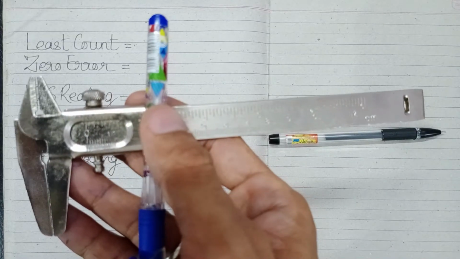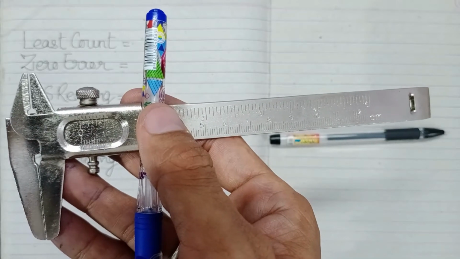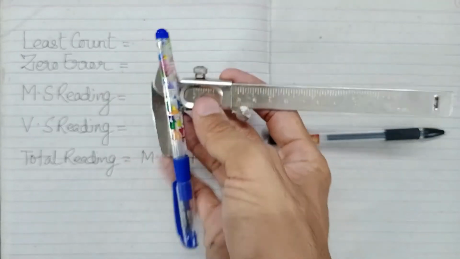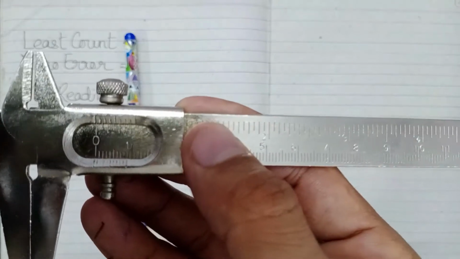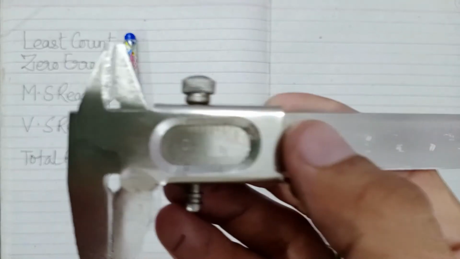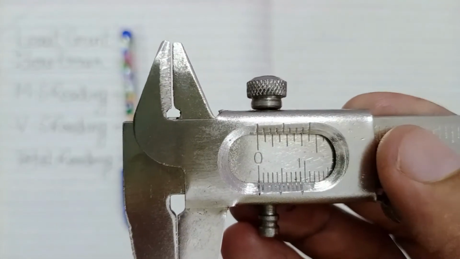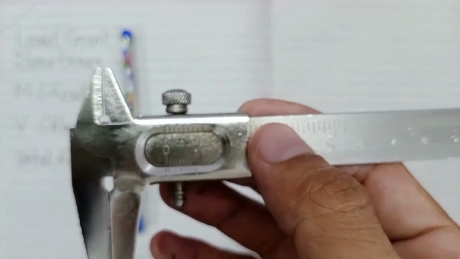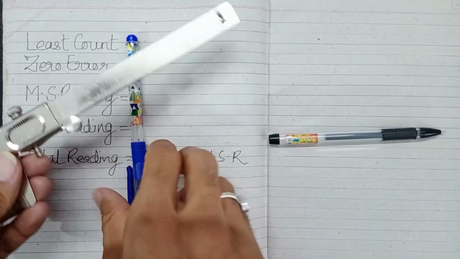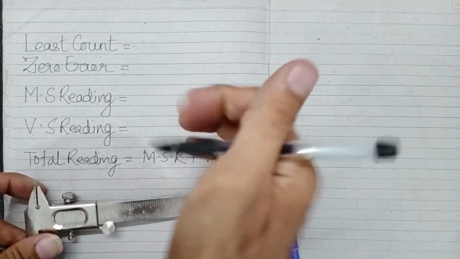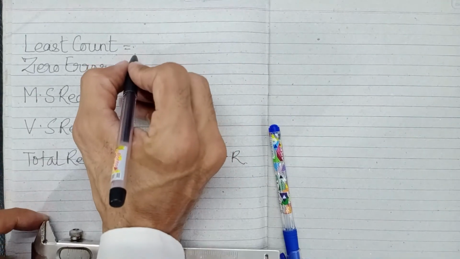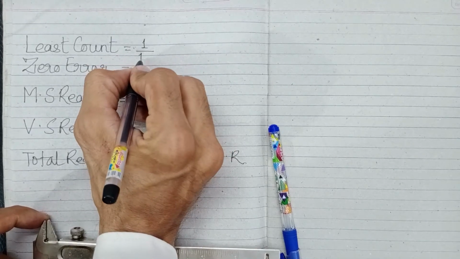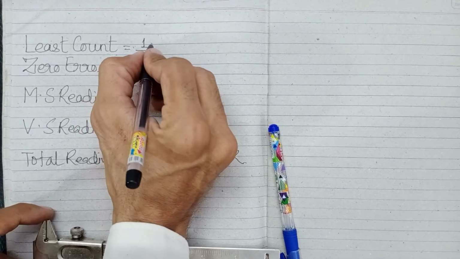For this live example, we need our pen and vernier caliper. In this vernier caliper, we have 10 divisions on the vernier scale, and one division of main scale is equal to 1 millimeter. So as you know that least count is equal to value of one main scale division, which is 1 millimeter, and total number of divisions on vernier scale.